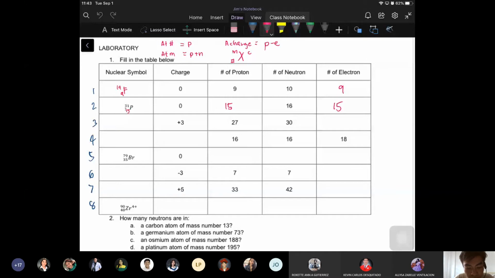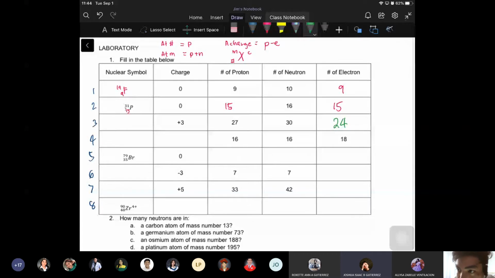Joshua, how many electrons? 24. Okay. So why 24? Because the number of protons is 27, then the charge is positive 3.